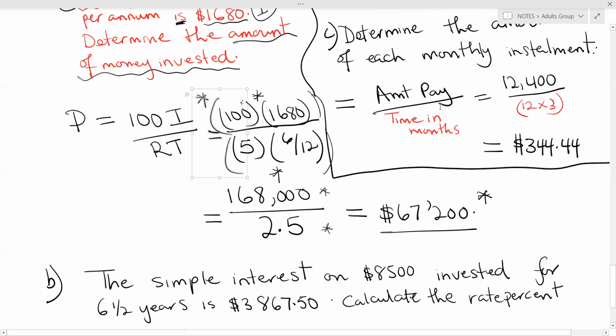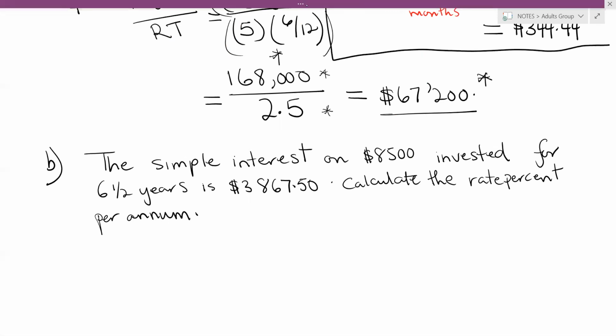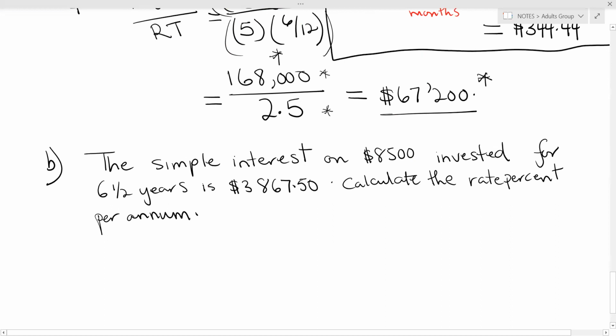All right, so the simple interest on $8,500 invested for 6.5 years. So let's highlight what is what. Simple interest on 8,500, what is this?